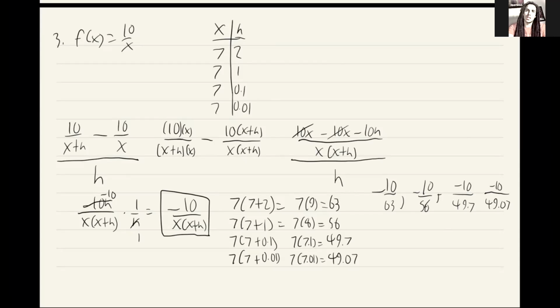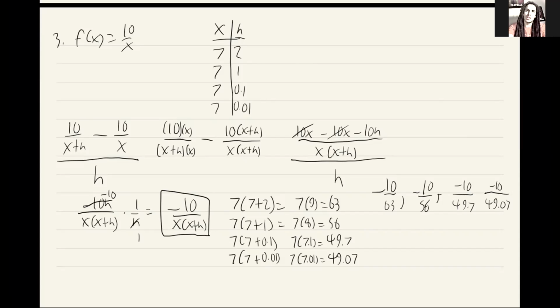So to make this simple, once you get to this point, I would go on the TI-84 if you have one, and go to the y equals and put negative 10 divided by x. I'd also hit second window, and have the independent being x and the dependent being auto, which is the y.